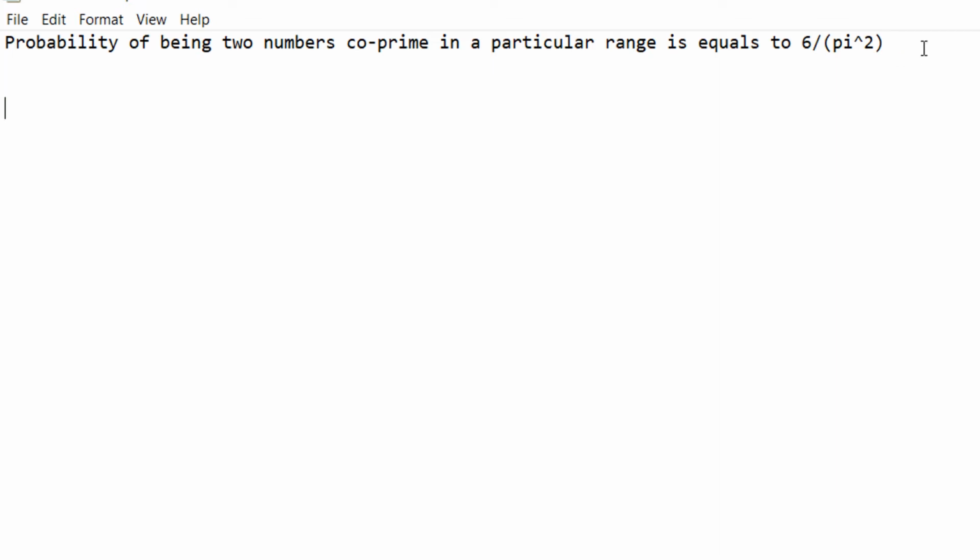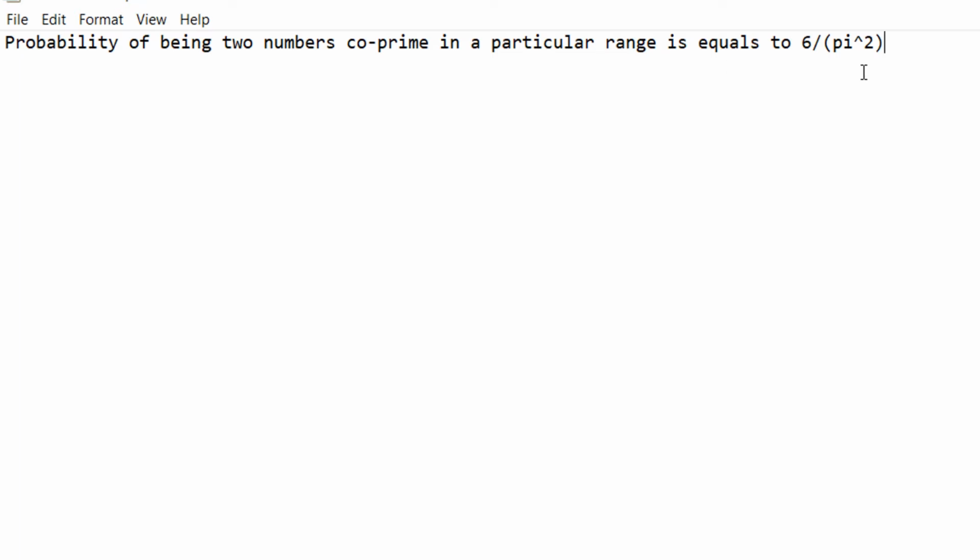For example, if you take 2 and 9, the GCD of 2 and 9 is definitely 1, so 2 and 9 are co-prime. 15 and 16 are co-prime, definitely. 3 and 10 have no common divisor, that is, the GCD is 1, so there's no common divisor between these two numbers other than 1. Only if the GCD is 1 are the two numbers called co-prime.